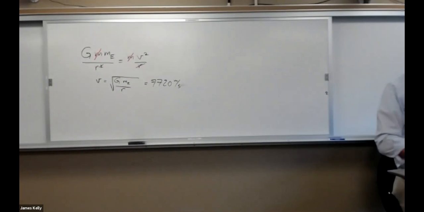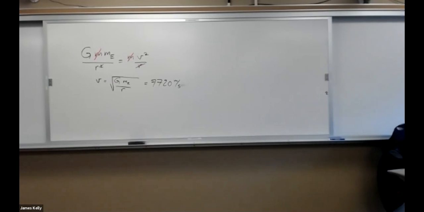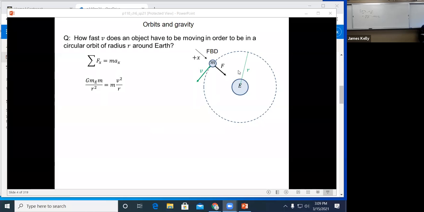Any questions on that? Yeah. So let's go back to the question about the free body diagram and applying F net equals ma. So let's go back here. Here's my free body diagram: it's literally just that mass, m, and the only force on it is the gravitational force due to Earth.